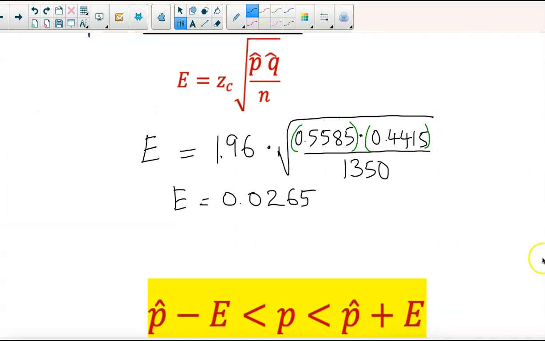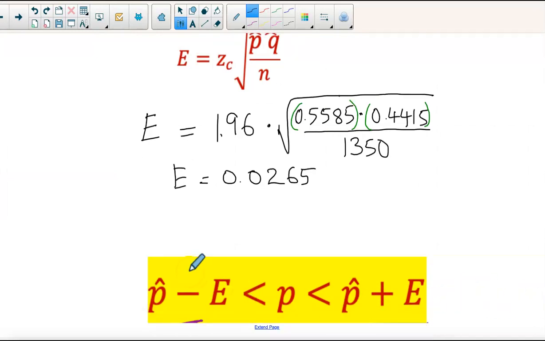Okay. Then the last step. In this, I'll have to substitute.